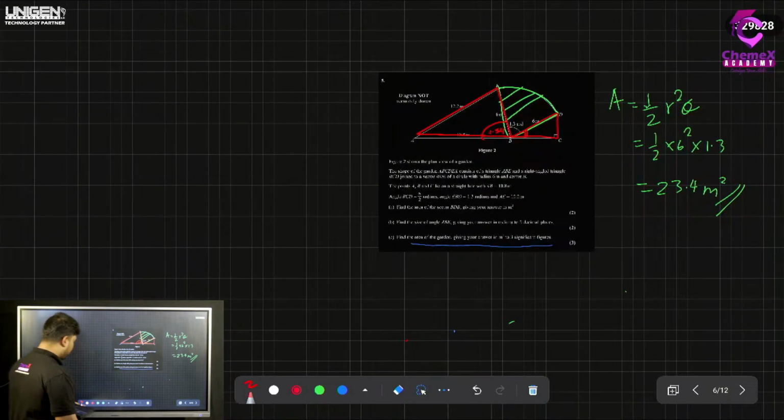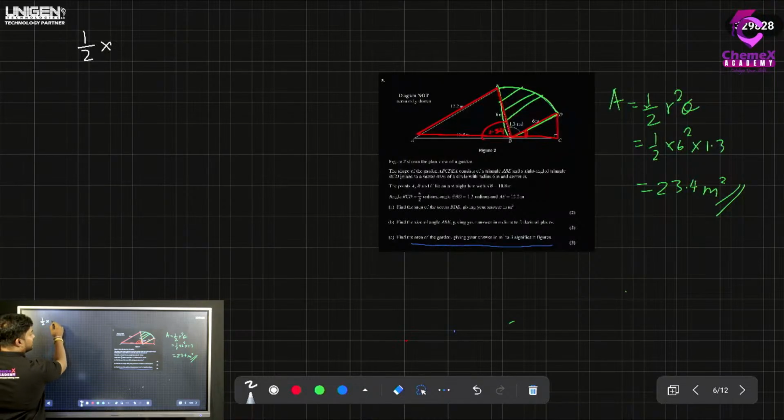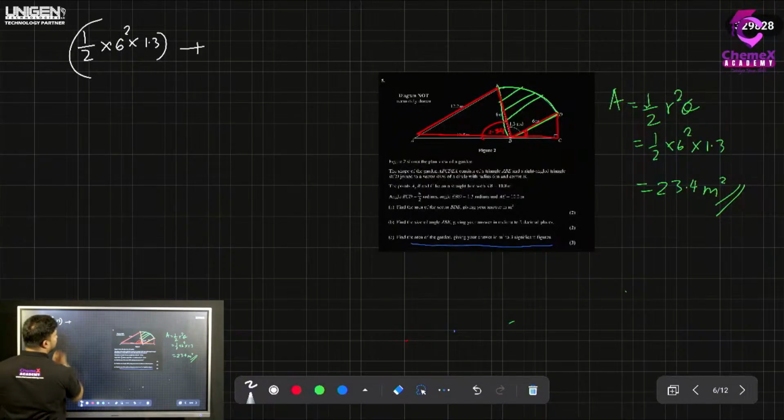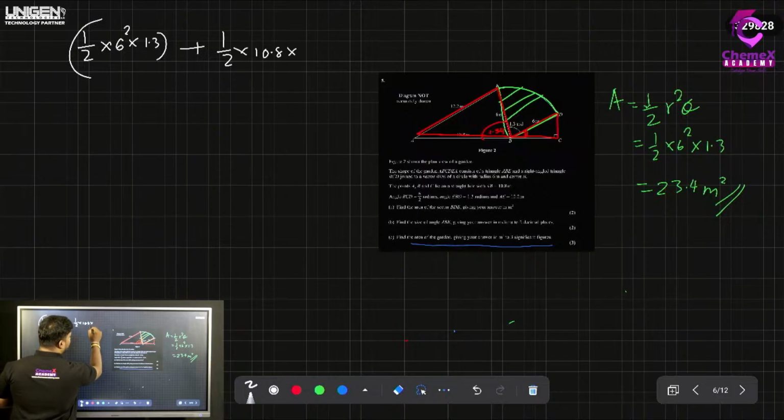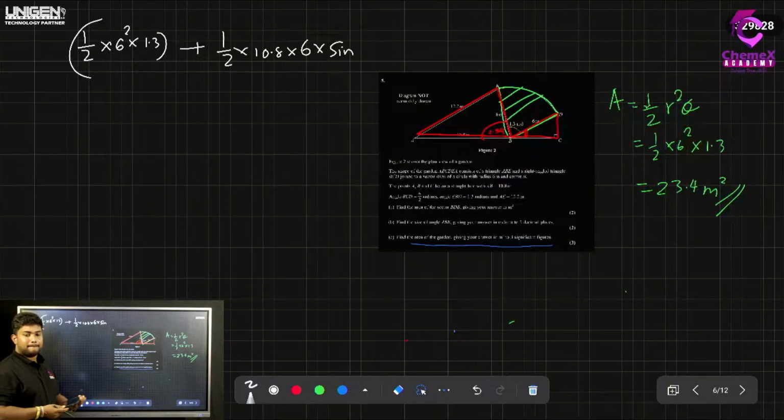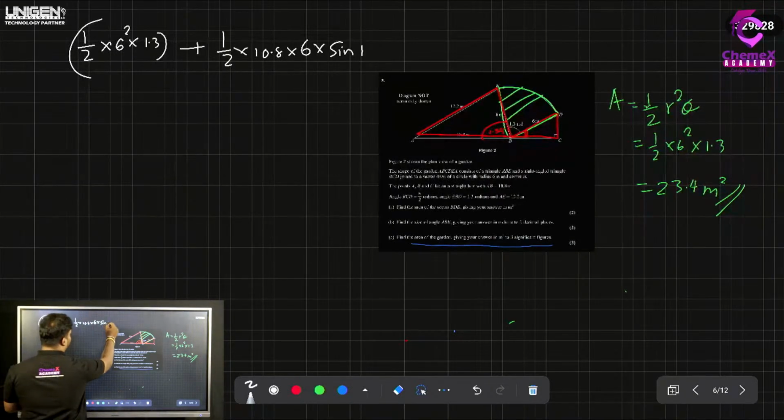That's also okay. If I write the equations for those two, we found half r squared theta, 6 squared into 1.3 is the area of the sector, plus the next one, the triangle area, half times AB sin C, 10.8 into 6 into sin 1.54.